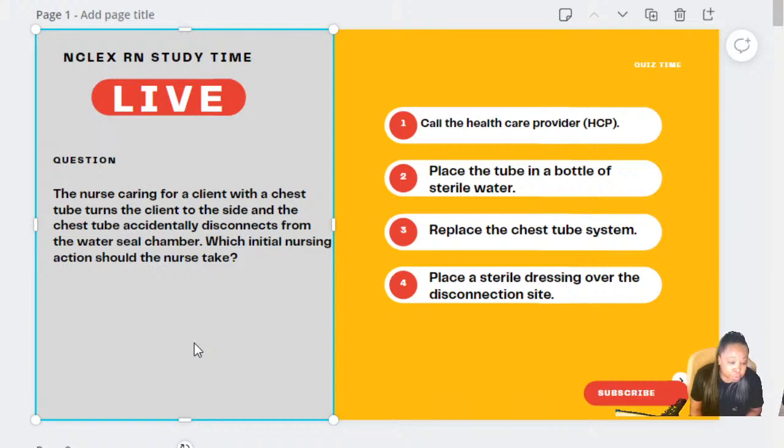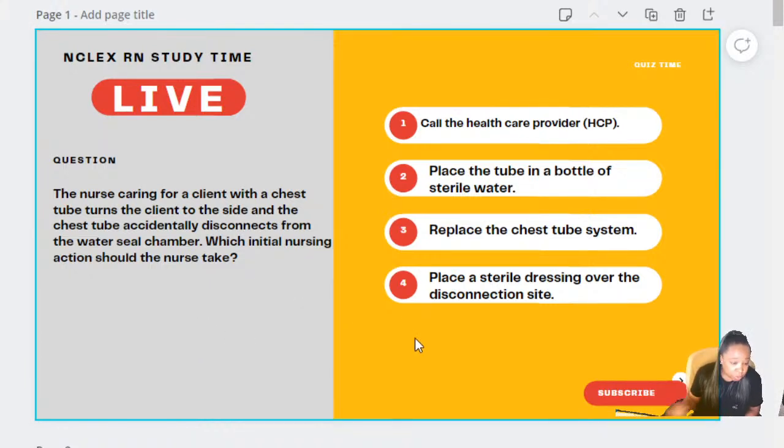We have 4 different answers and you will choose the best one. The first one says call the healthcare provider. If the chest tube is disconnected, is it the first thing you will be doing? We don't know. Let's go to the second one.